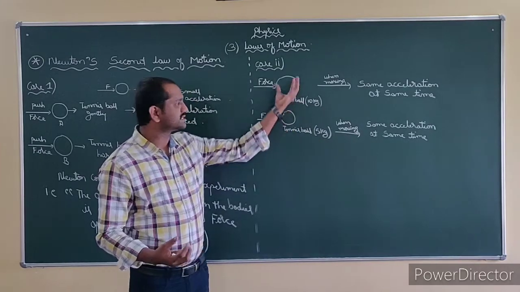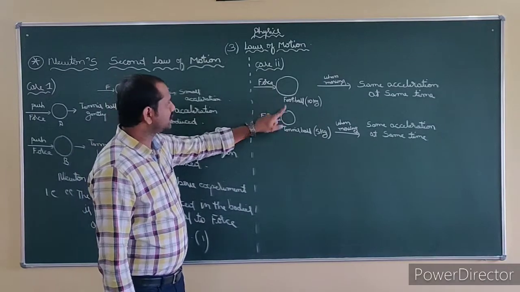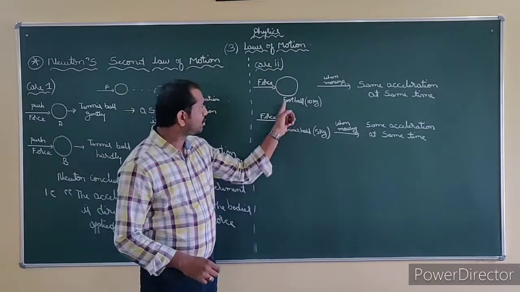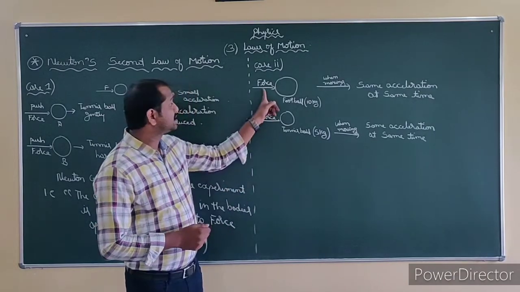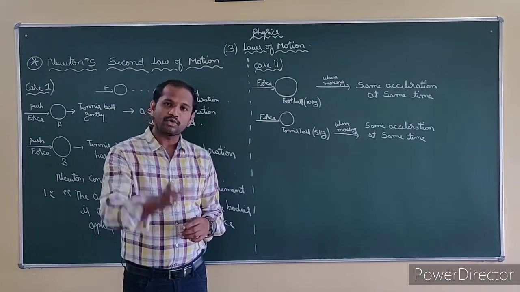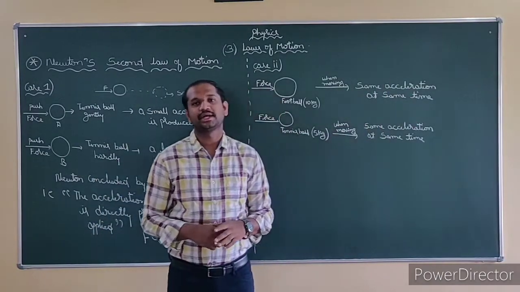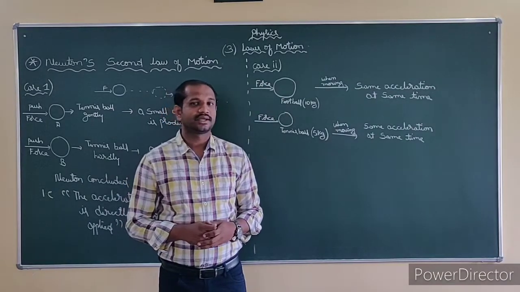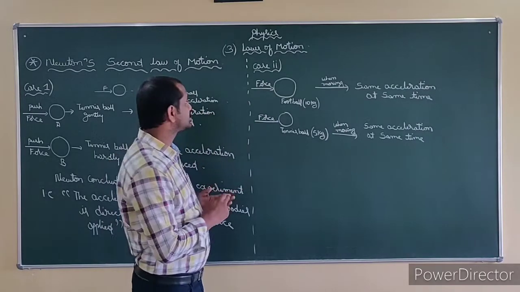You can see the difference by the size also. Now you are applying force on both the tennis ball and the football. But the situation is, if you apply a force on the football or tennis ball, both balls should have the same acceleration in the same time. How can you do that? Understand the situation.